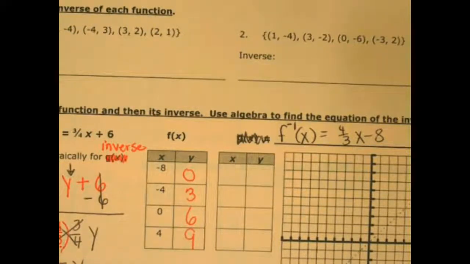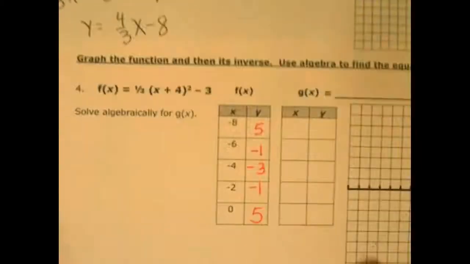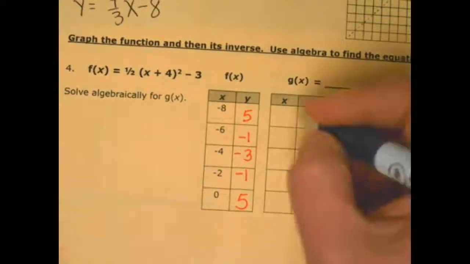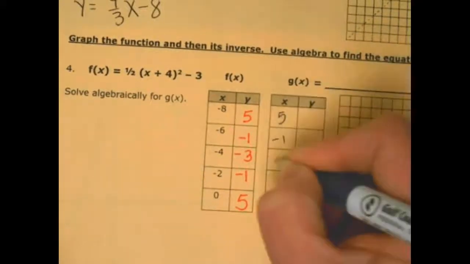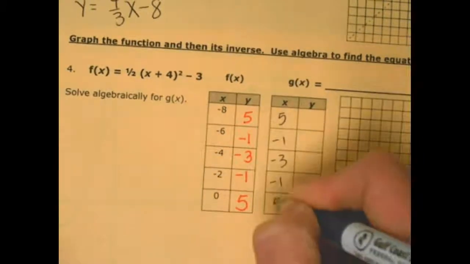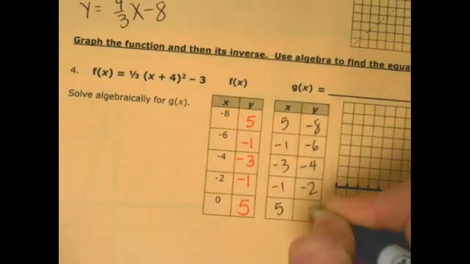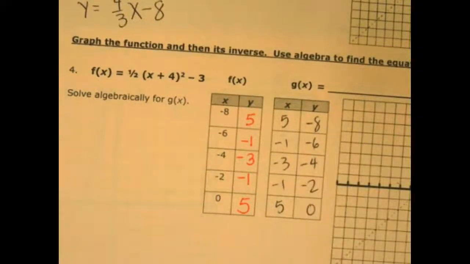Once again, in order to find an inverse of a table, what do you have to do to find the inverse of a table? An inverse of a table is pretty easy.